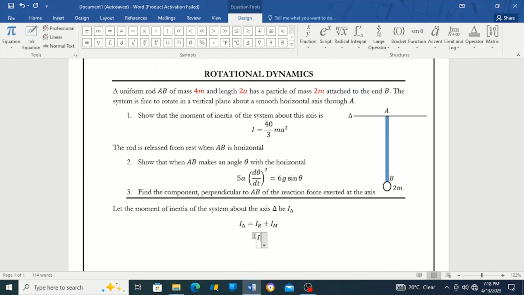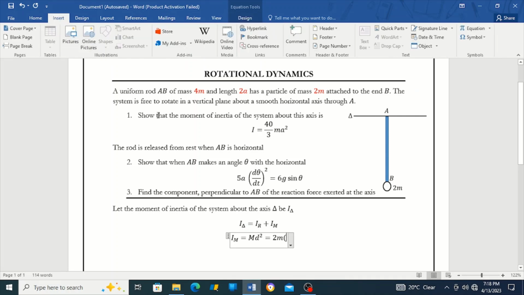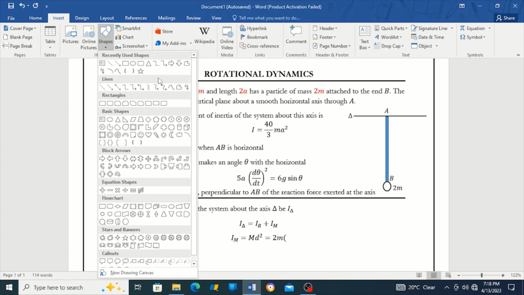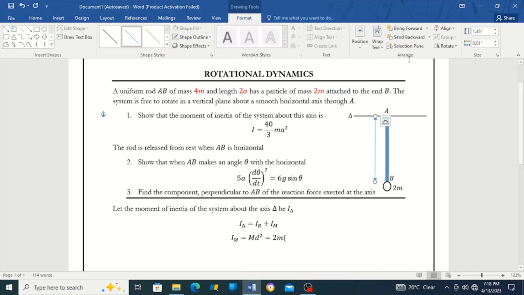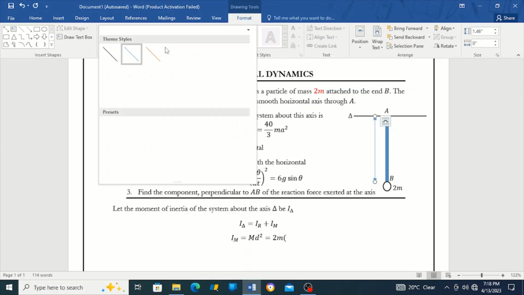So let us begin with the moment of inertia of the mass about the axis. By definition, it is simply the mass times the square of the distance separating the mass and the axis. The mass of the particle is 2m, and the distance is simply the length of the rod, from A right up to B, because this particle is placed at the other end of the rod.